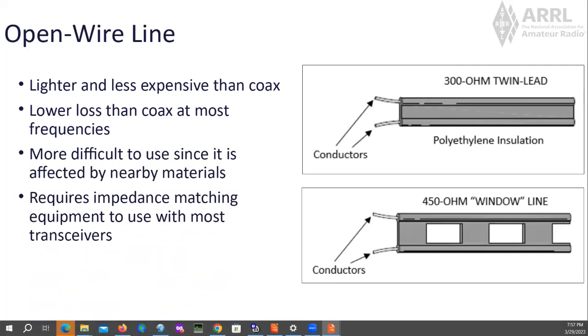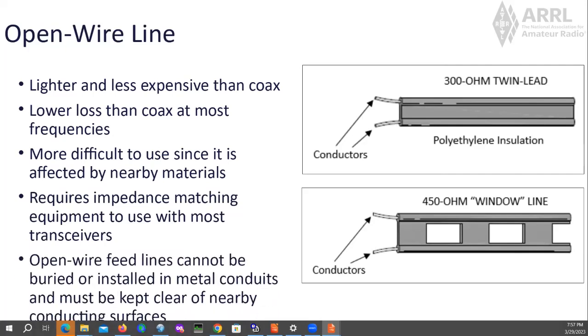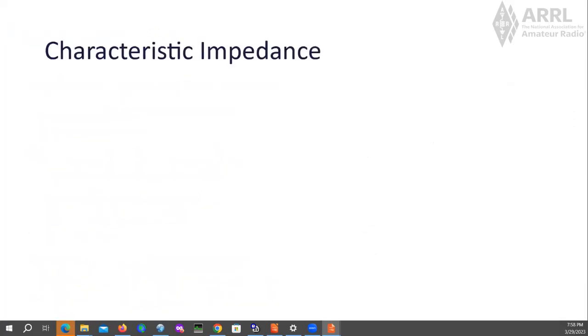Requires impedance matching equipment to use with most transceivers. Open wire feed lines cannot be buried or installed in metal conduits and must be kept clear of nearby conductive surfaces. However, it's really good stuff to use if you can get around all of those problems.